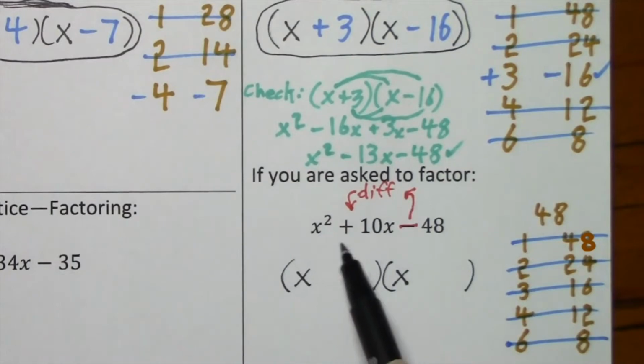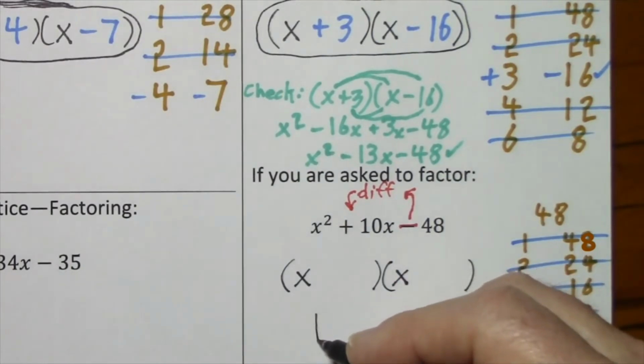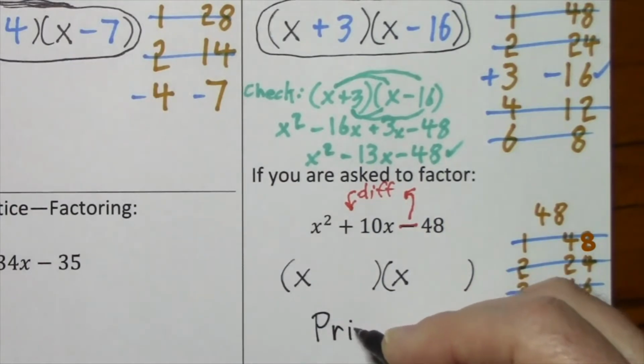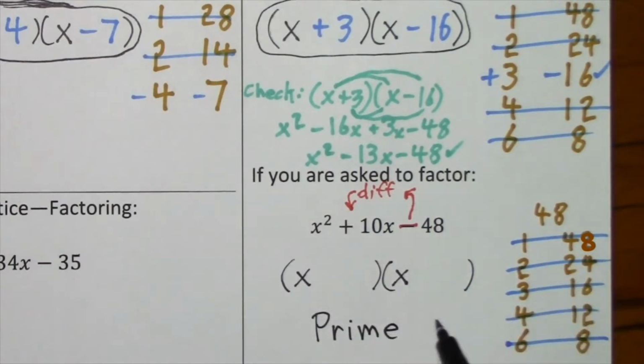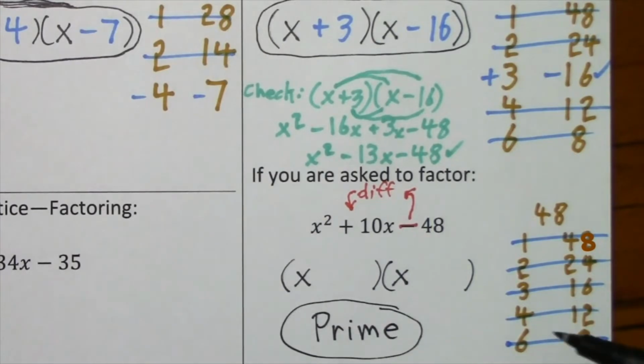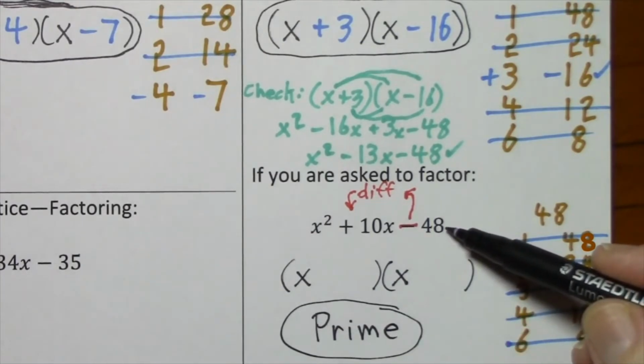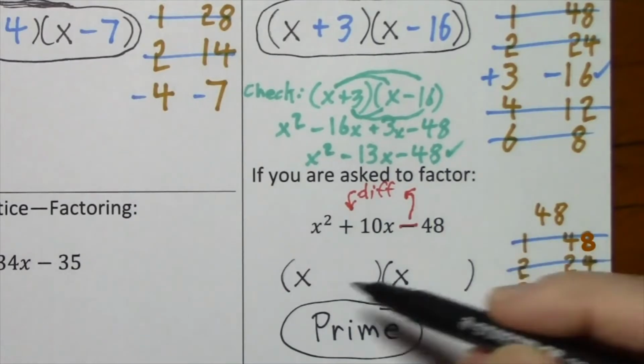Therefore, this expression cannot be factored. You can write prime, because that's your answer, or if you feel like writing it cannot be factored, you're welcome to do that as well.